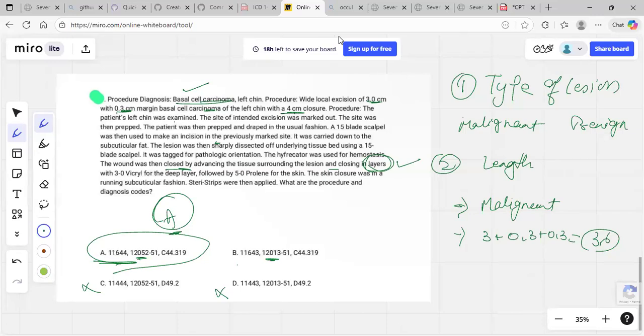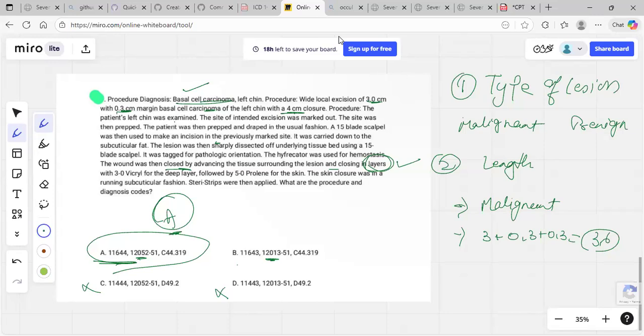Are you guys clear on how I have reached option A? Yes, ma'am. Jamil, are you clear on this point? That why the answer should be A. Yes, ma'am.